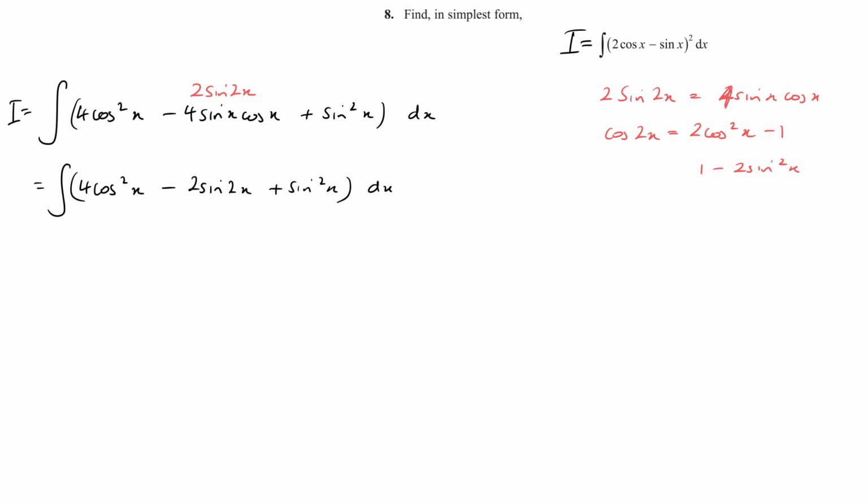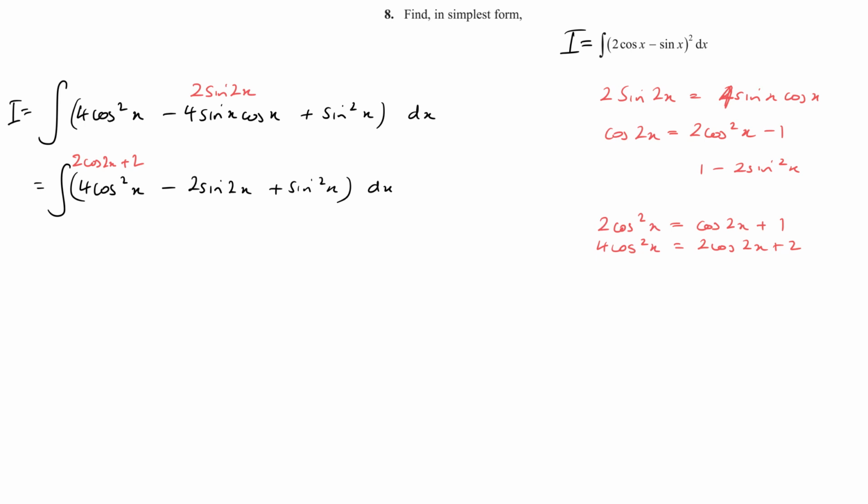So looking at the first one, if I rearrange this, 2 cos squared x is equal to cos 2x plus 1. Obviously I want 4 cos squared x, so doubling up, 4 cos squared x is equal to 2 cos 2x plus 2.